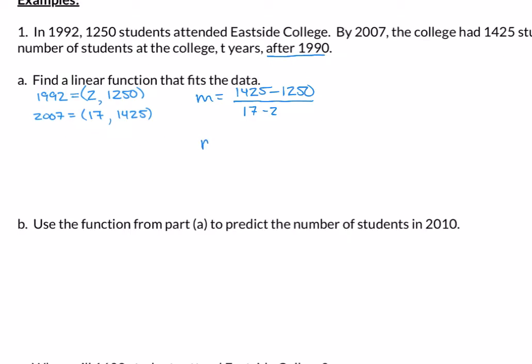Okay, let's go ahead and simplify that. 1425 minus 1250 is 175 over 15.